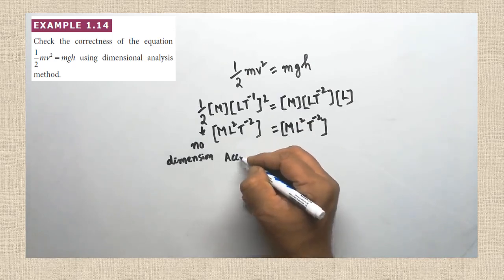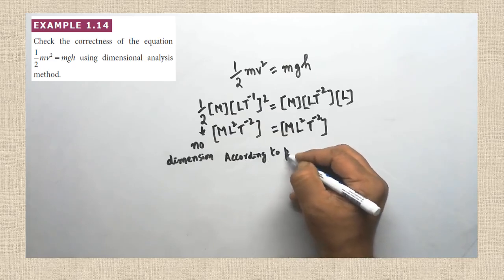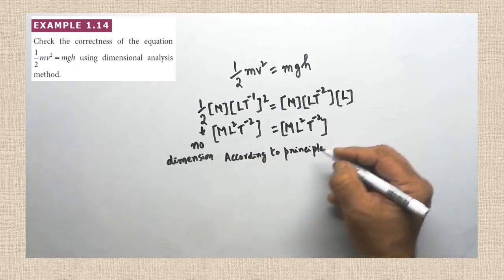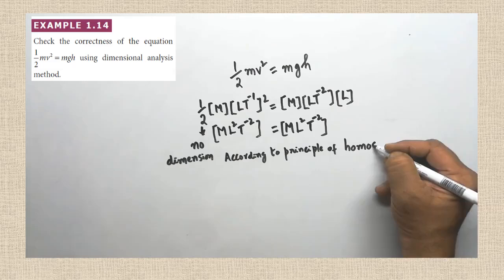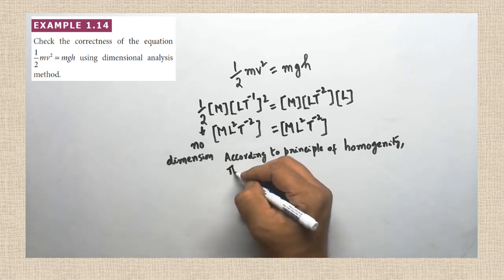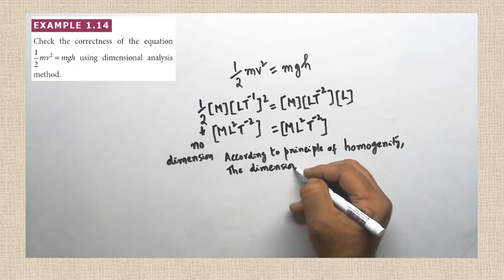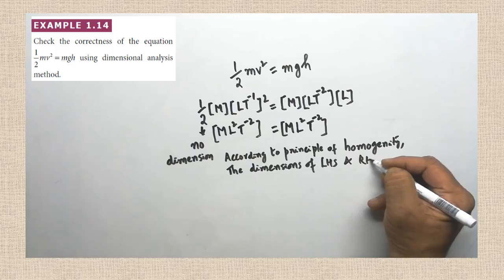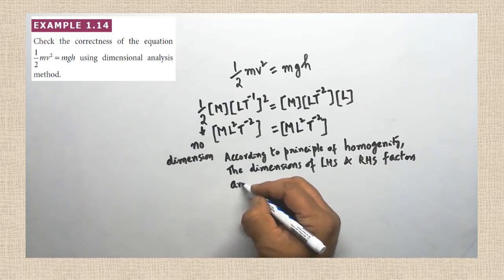According to the principle of homogeneity, the dimensions of LHS and RHS factors are the same. Patience is required to learn anything. Homo means same.